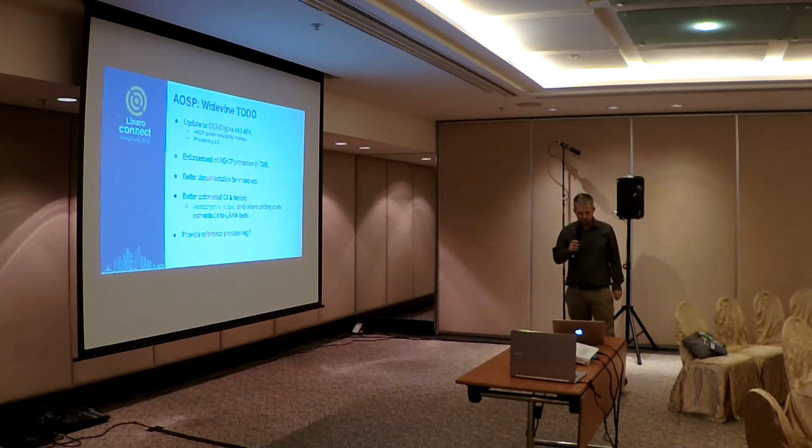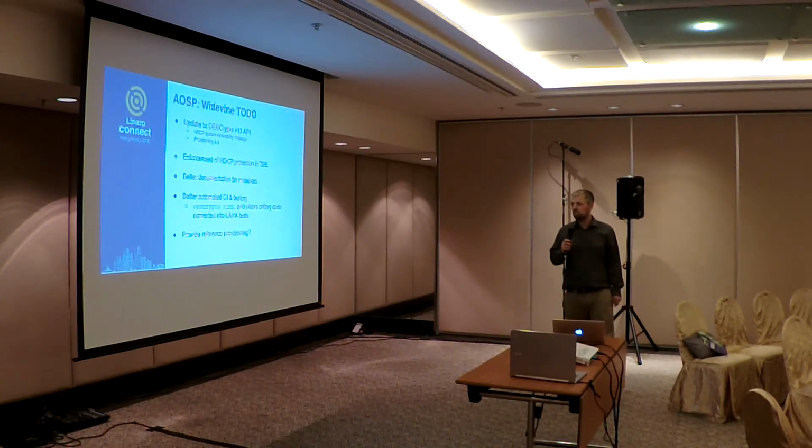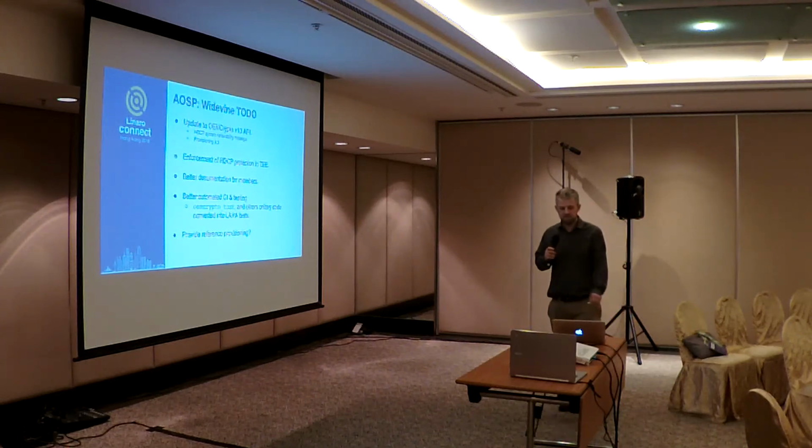I mentioned on the PlayReady, we need to enforce the HDCP protection within the TEE, so that's something we also need to do in Widevine, and we want to improve the automated testing with OEM crypto and the other unit tests.